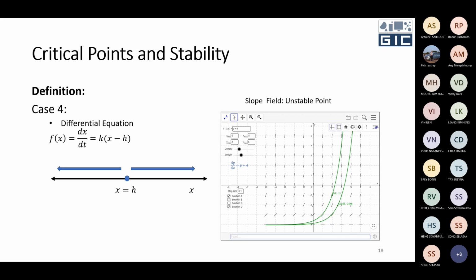So if you see a diagram like that, you can state that our system is a semi-stable point or semi-stable system. And in case 4, it means that our system tries to leave the stable point on both sides.